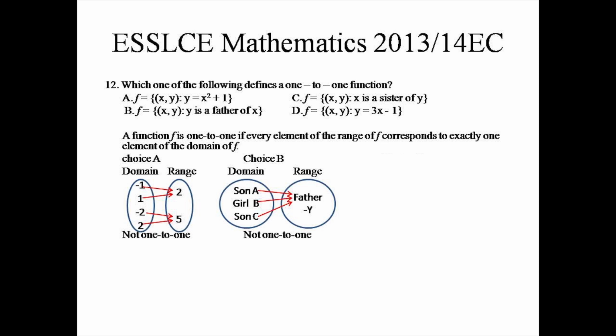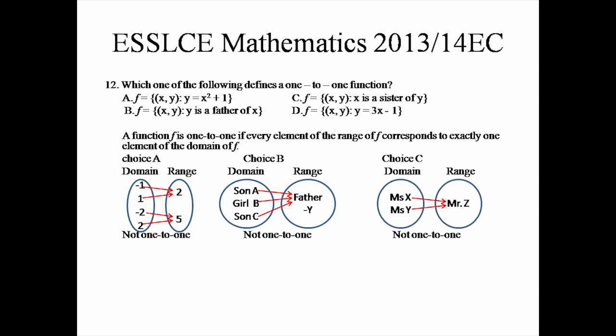Choice C, f of x is equal to the ordered pairs x, y such that x is a sister of y. Let Miss X and Miss Y be the domain and Mr. Z be the range. Miss X and Miss Y are sisters of Mr. Z, meaning one element of the range corresponds to two elements of the domain. So f is not one-to-one.